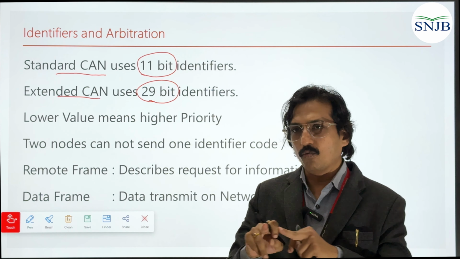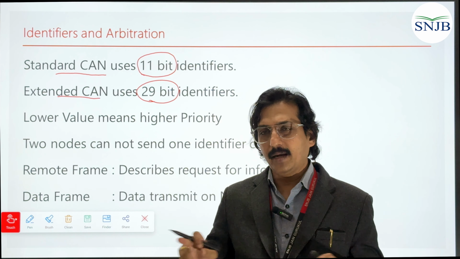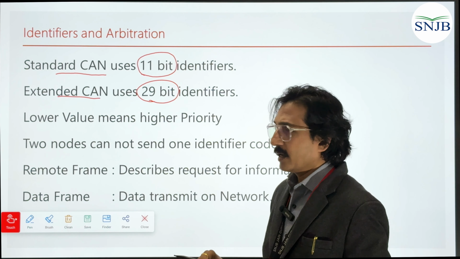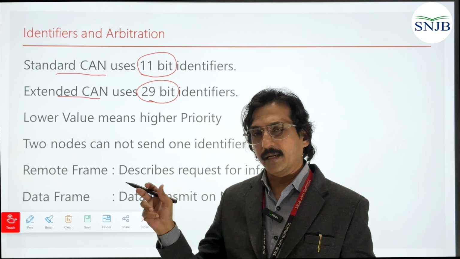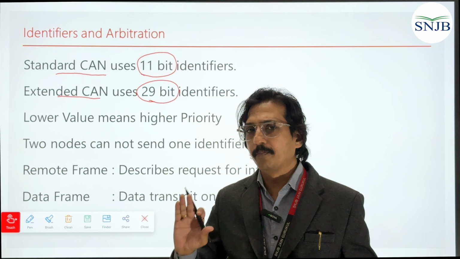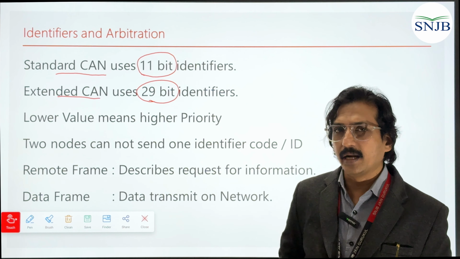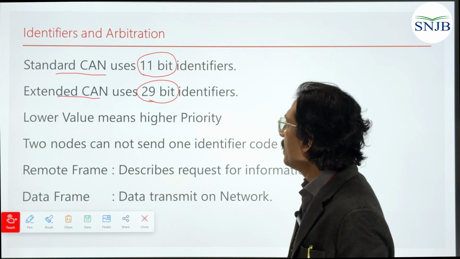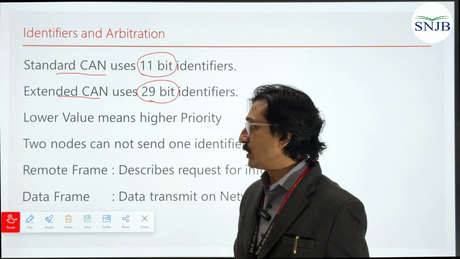It has one packet format, and within that packet format we can tag the identifiers. If it is standard CAN, then we use 11 bits of identifier. If it is extended CAN, then we use 29 bits of identifier in two different locations.